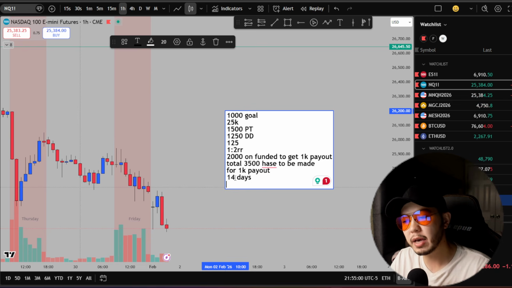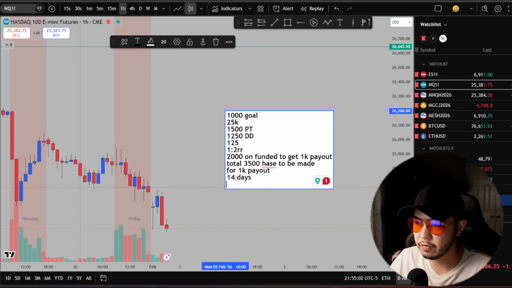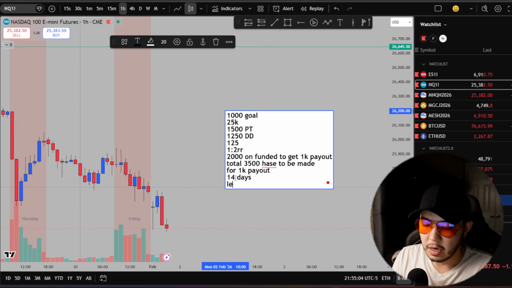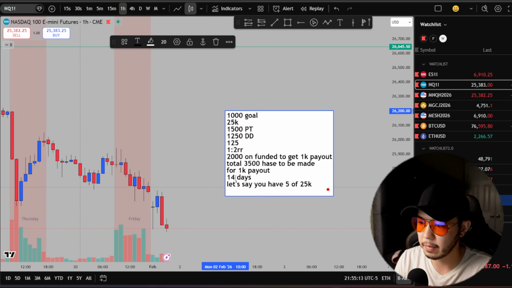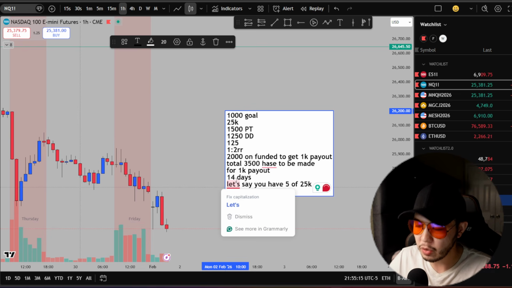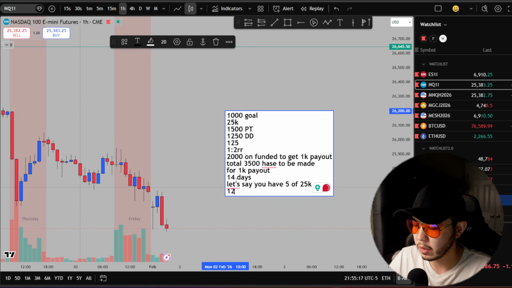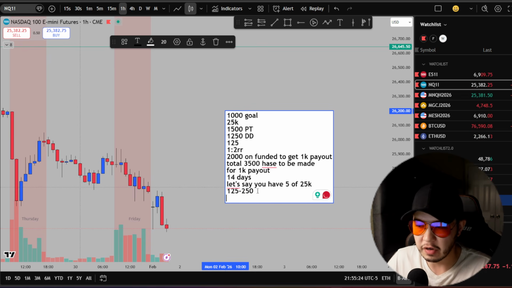And it gets even better if, for example, you have about 5 of the 25K accounts. You can easily make somewhere between 120, 125 to about 250 a day, which is a very easy target.